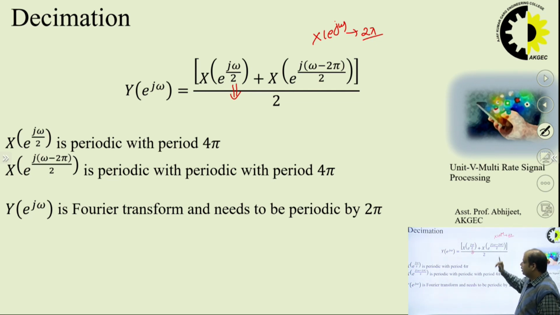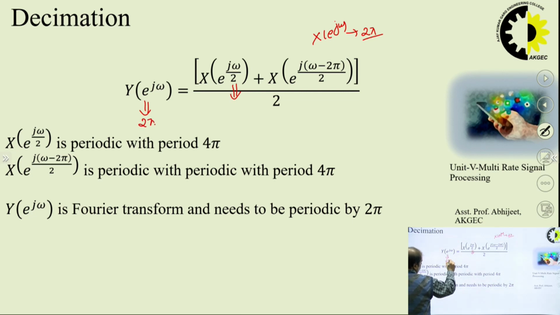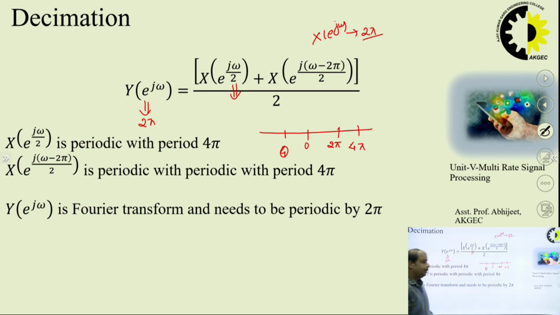This also has a period of 4 pi, and therefore this Fourier transform that we are getting, Y of j omega, is required to have a period of 2 pi. Which means what? That there is a periodicity of 4 pi. So from 0 to 4 pi is there, and the Y of j omega should be between 0 to pi. So it is evident that some parts are being lost in the frequency domain.